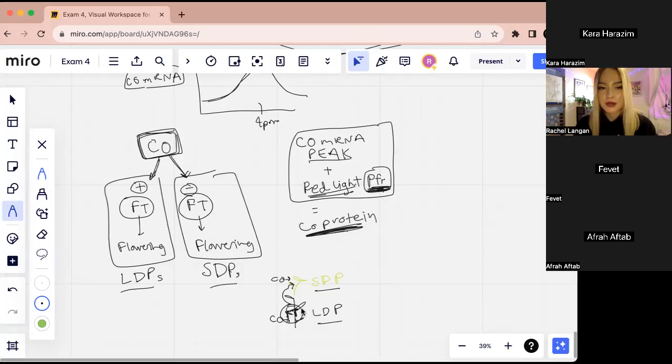So if it's made down here, it can still travel to this part of the plant. Okay. I thought CO still being present in the short day plant was gonna just act as a repressor. It's going to repress synthesizing the FT protein up here. But there can be enough FT made down here to where it can travel up there. So the FT can also travel. Yes. Okay, that makes sense. All right, thank you. You're welcome.